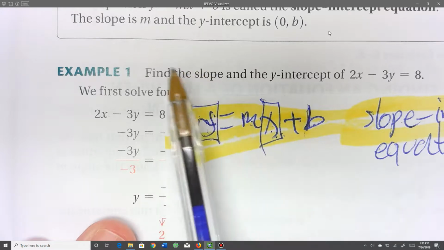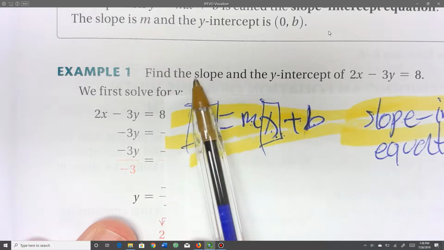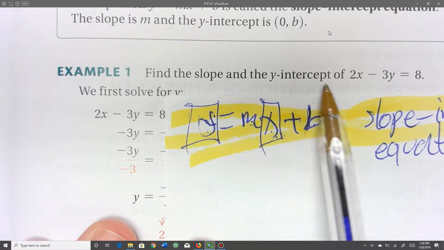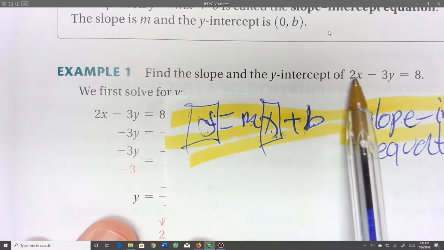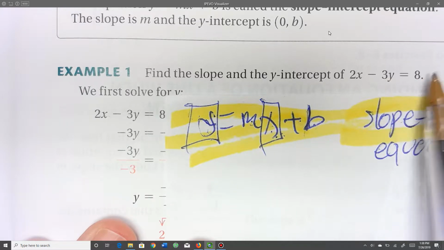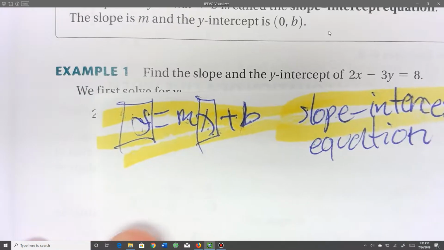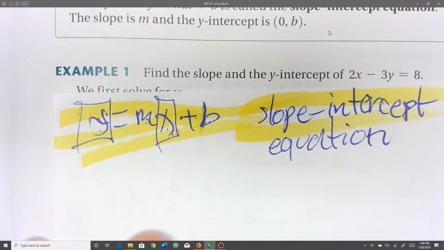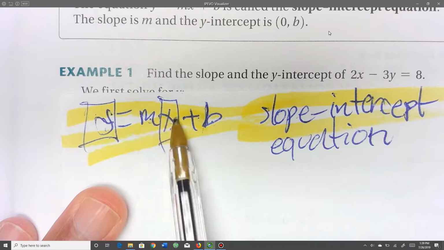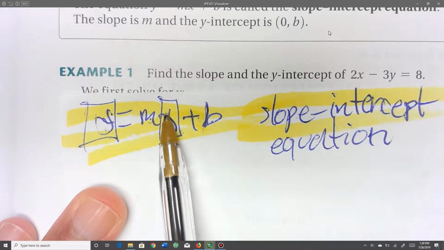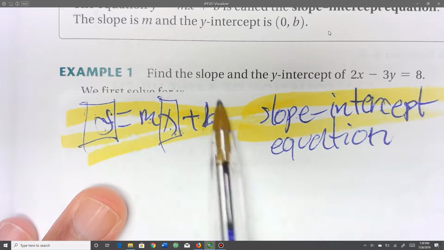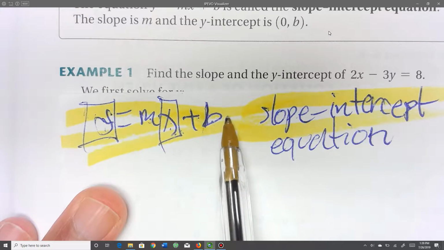In this example, they want us to find the slope and the y-intercept of 2x minus 3y equals 8. Well, what did I just say the slope was? m, the coefficient of x, and the intercept is b, the term by itself.